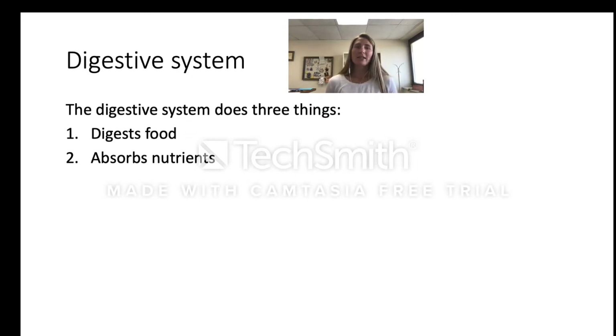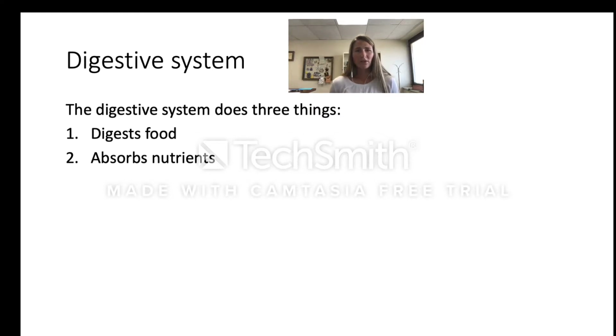Instead, my body has to break down or digest that bite into smaller pieces to allow those nutrients to become more available and then be absorbed into our system. Absorption typically takes place in the small intestine, but if we only had a small intestine, we would be unsuccessful digesters of our food. So digestion and absorption of nutrients is a pretty known fact of what our digestive system does.